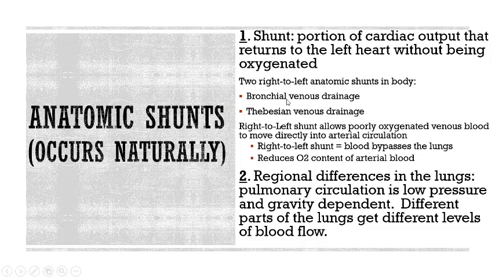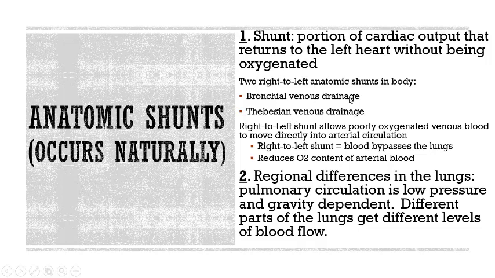And all this means is that there's a certain portion of blood that goes from the right to the left side of your heart and it bypasses your lungs. This happens in everybody. It's a naturally occurring shunt. So blood goes from the right side of your heart, does not go to the lungs like it should, goes directly to the left side of your heart and out to your body.